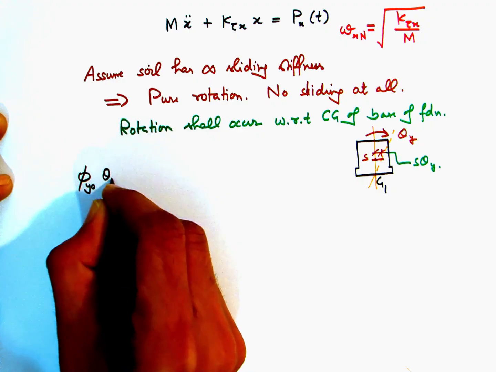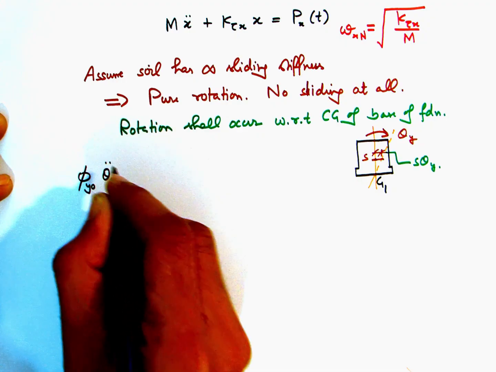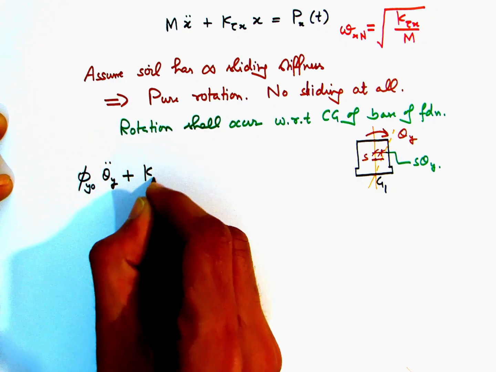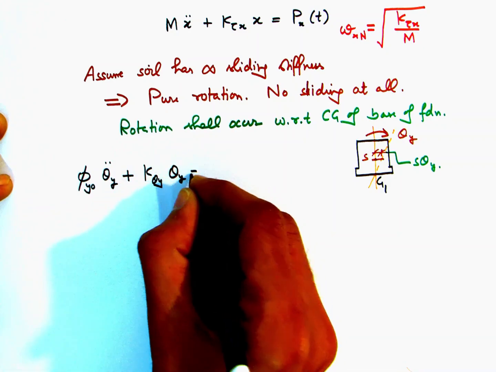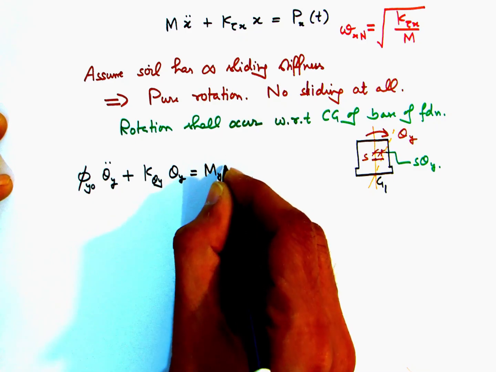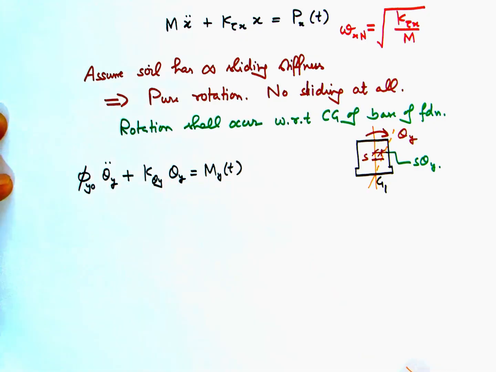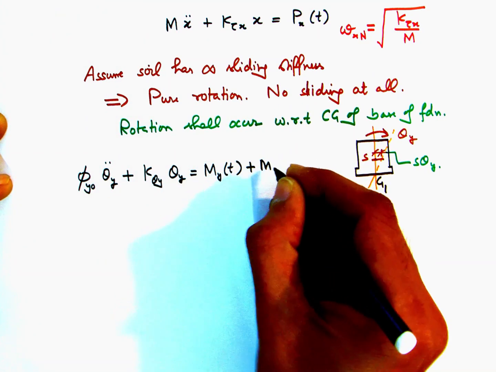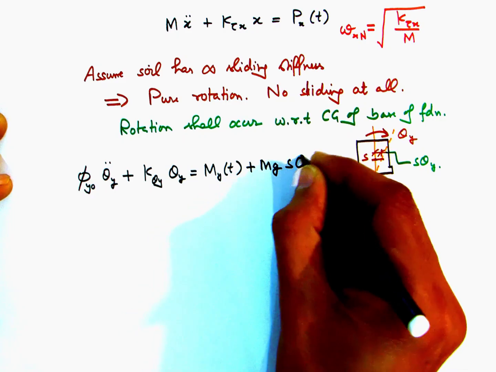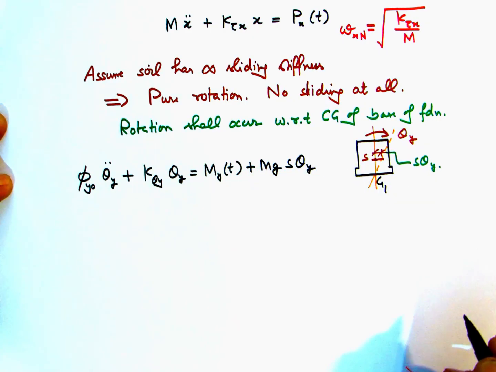So for this particular situation, the rocking vibrations can be represented by this equation. So we have the inertial term and the stiffness term, and for the moment, now we have the external moment My, but then there won't be any moment induced by the shear stress.